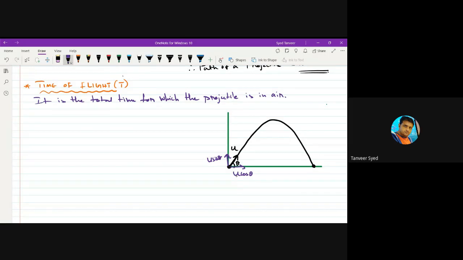Now, see, I can write for the entire journey of the projectile.